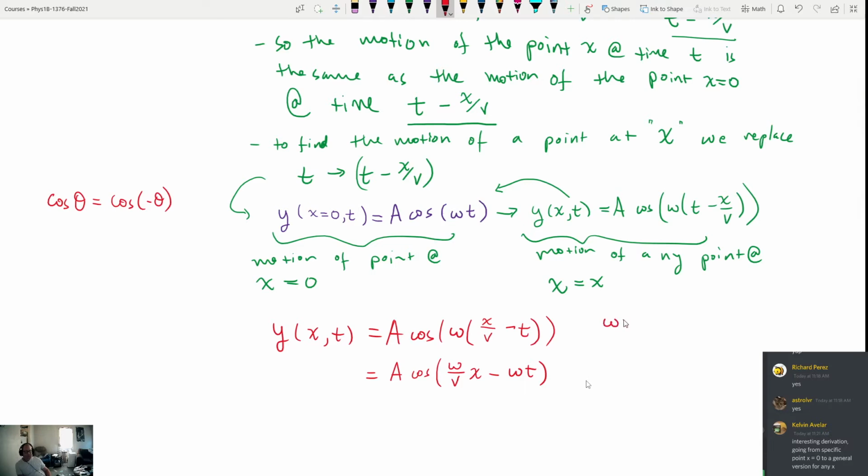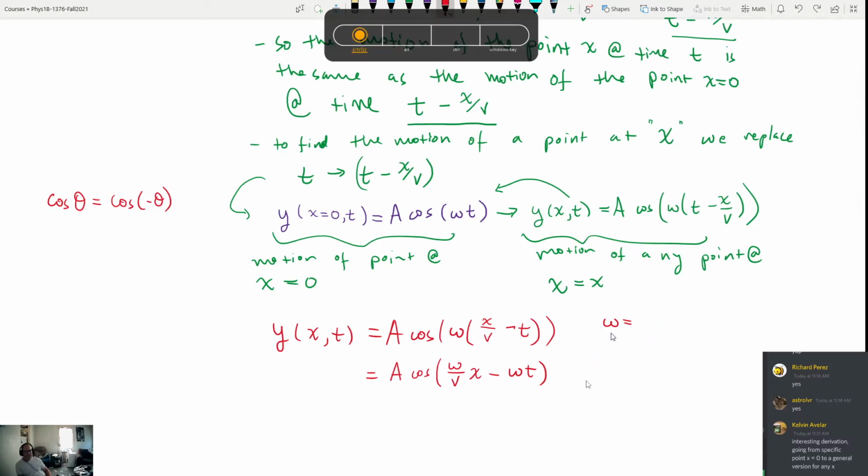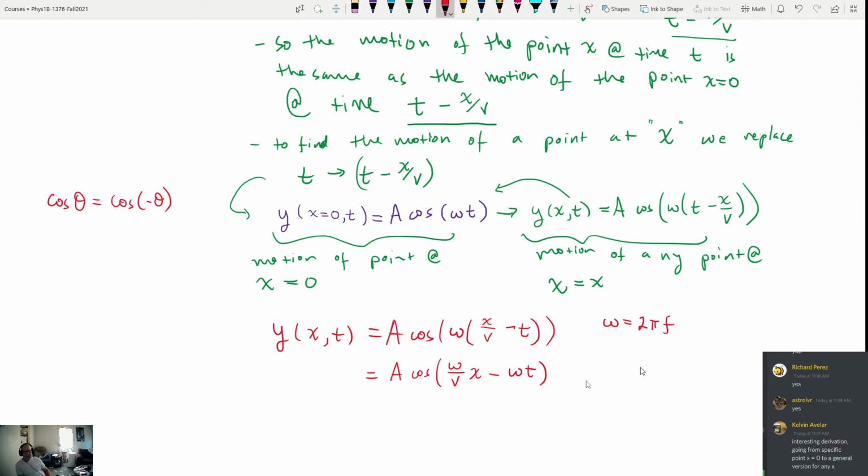So omega, as I said before, was equal to 2 pi times the frequency, excuse me. 2 pi multiplied by the frequency. And so 2 pi f divided by v is equal to omega over v.